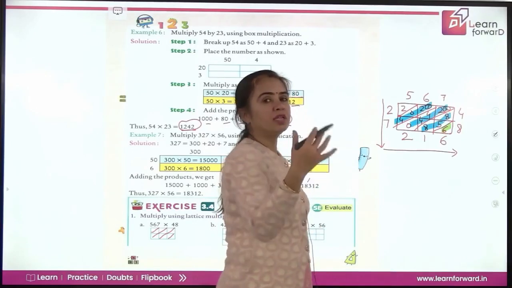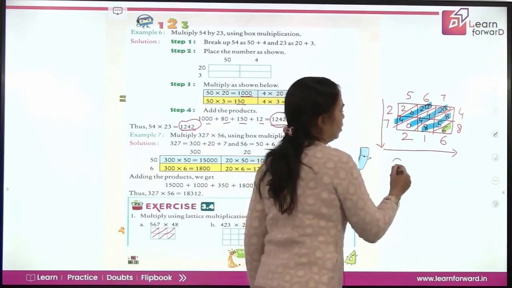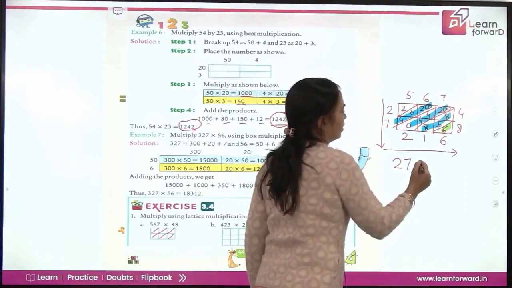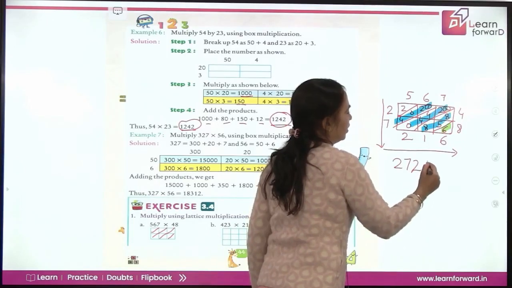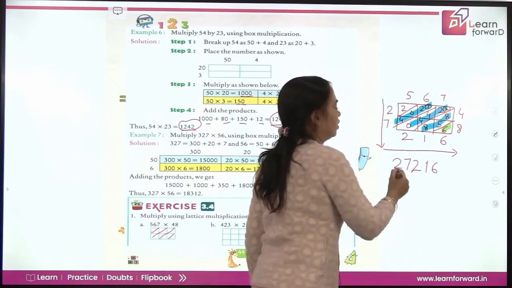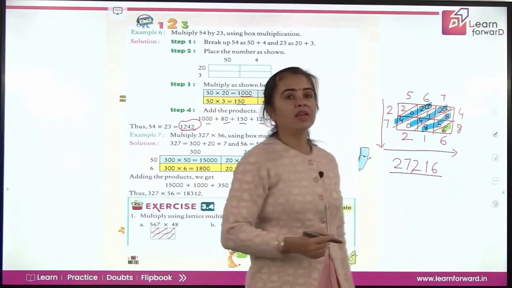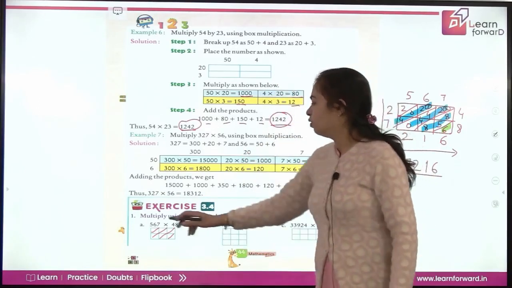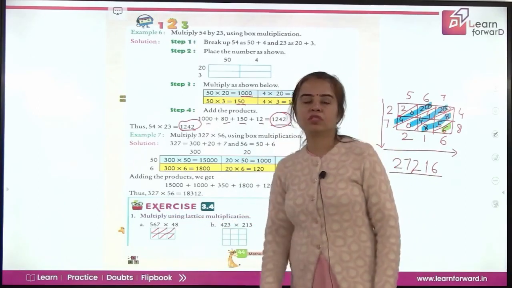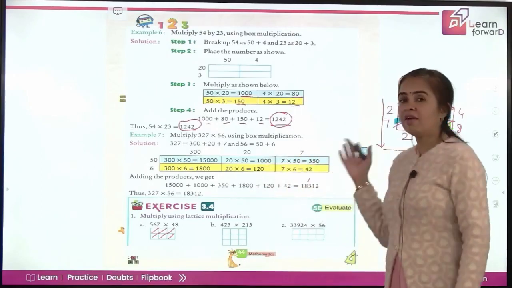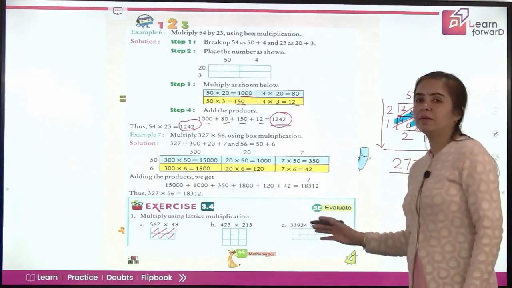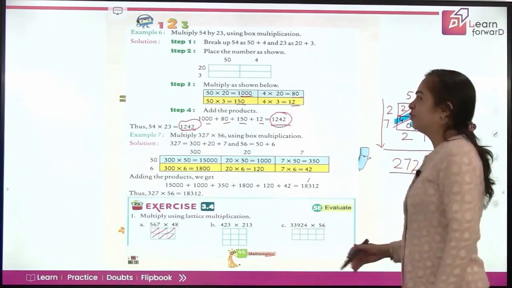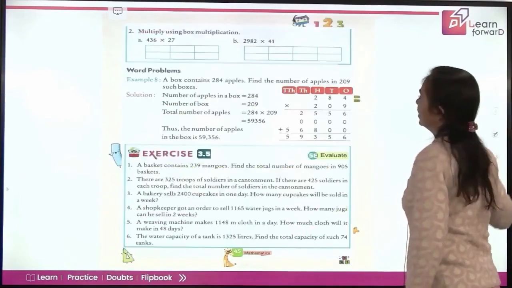So when you put these digits side by side, you get the answer 27,216. So 27216 is your final product when you multiply 567 by 48. So have lots of fun with this lattice multiplication when you have to do more of these parts.